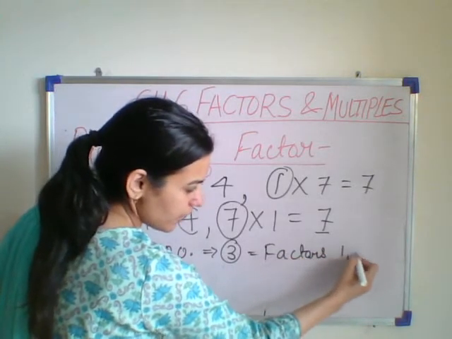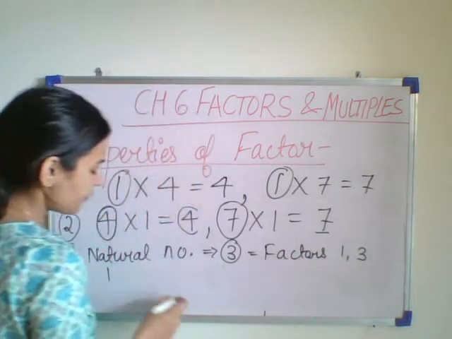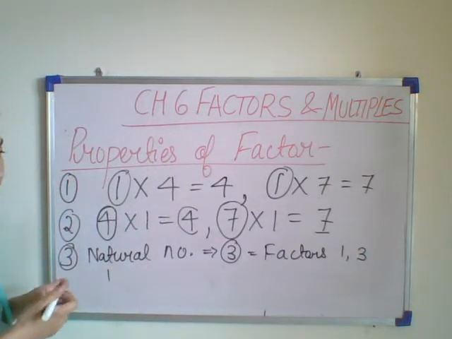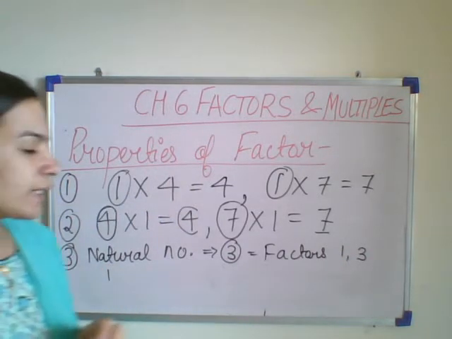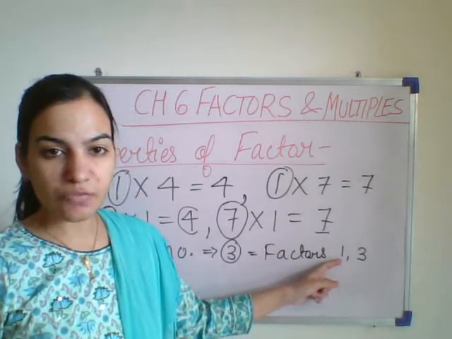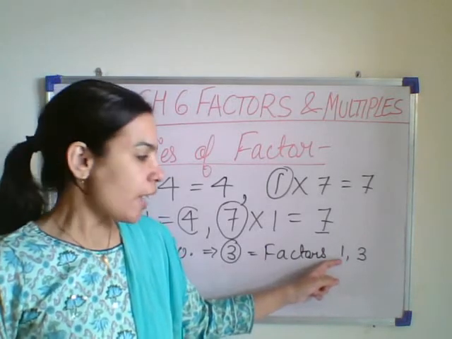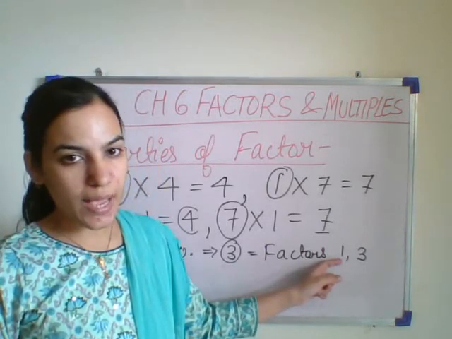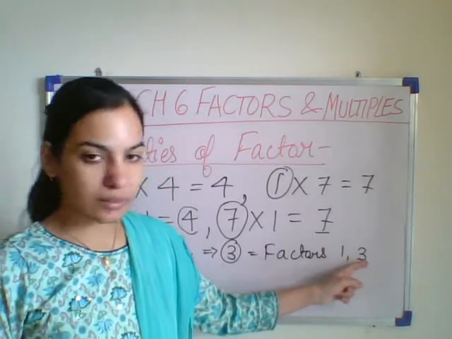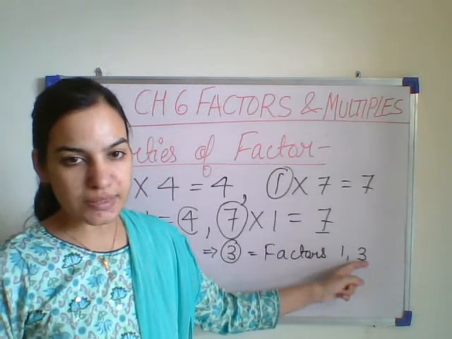That is 1 and 3. So every natural number has at least 2 factors. 1 is the factor of every natural number, and the other factor is the number itself.